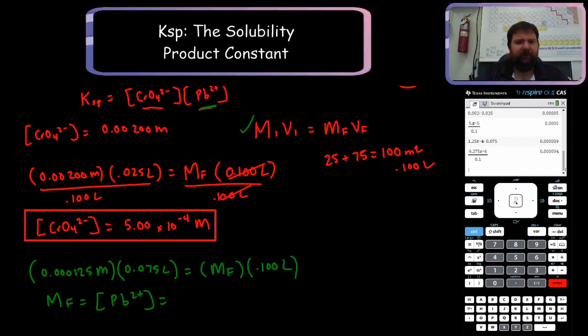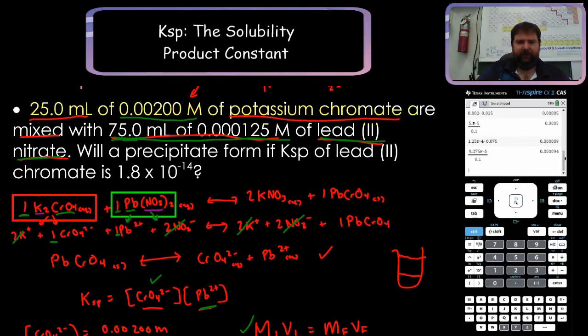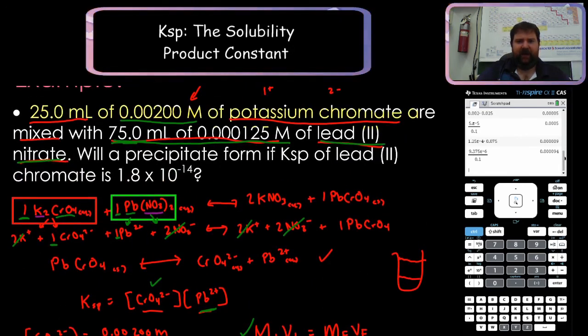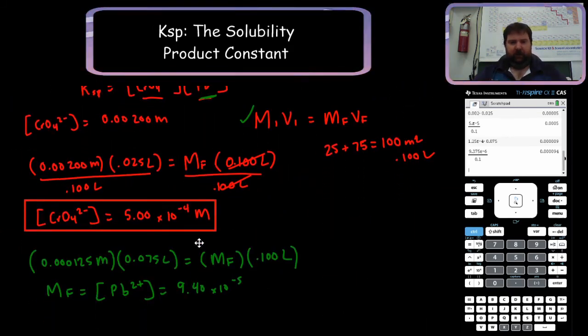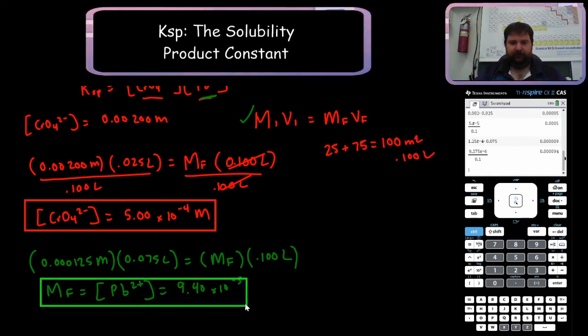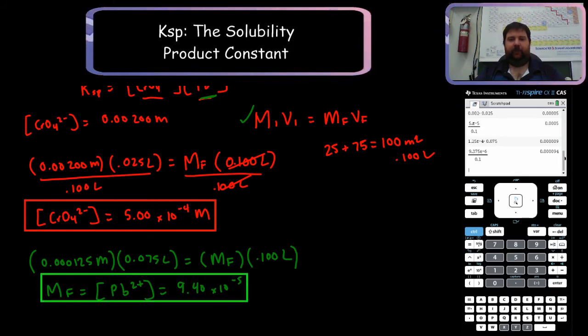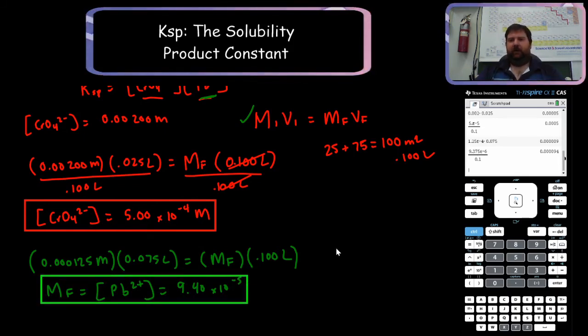So 9.40 times 10 to the negative 5. Just going to double check sig figs up here. Yeah, it looks like everything had 3 sig figs. So we want to keep with 3 sig figs. All right, so we have our final concentration. There it is. Now we're ready to move on to the next step.